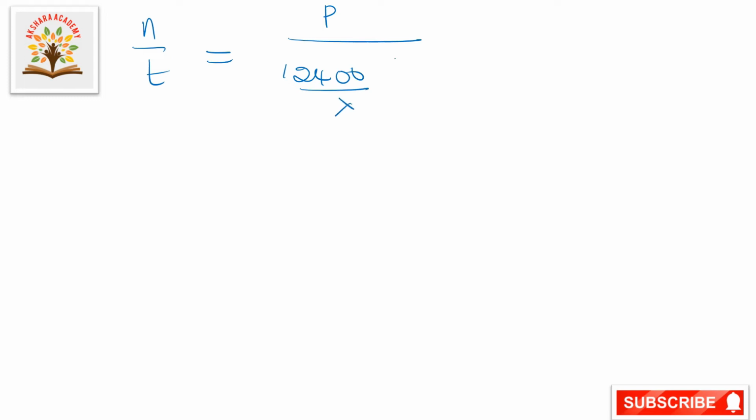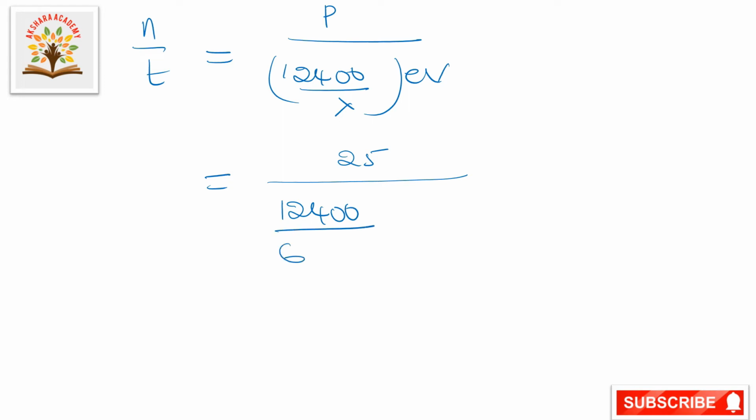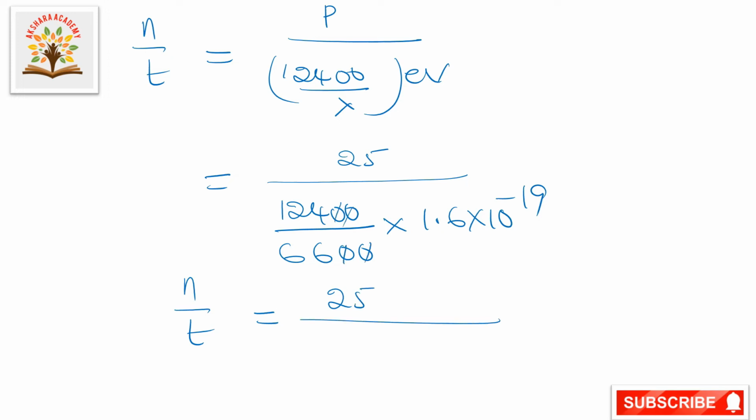Now this can be written as number of photons per second n by t is equal to P by 12,400 by lambda, E in electron volts. So substituting values, 25 by 12,400 by lambda, nothing but 6,600, into 1.6 × 10⁻¹⁹. Here the zeros cancel.